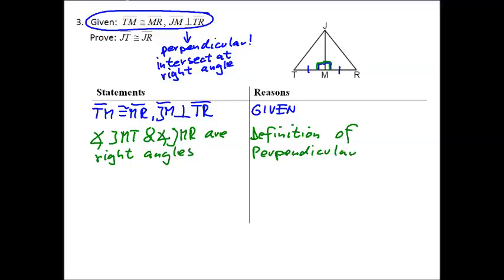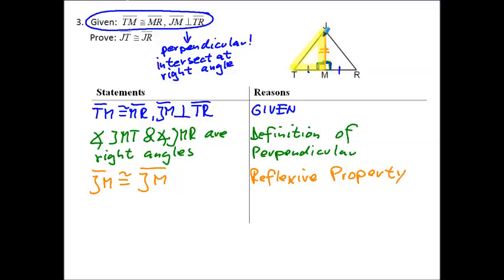Alright, let's keep looking. What else can we say? And again, we have a side, in this case JM, which is the side that's part of both triangles, and that side is of course congruent to itself. JM is congruent to JM, and this is because of the reflexive property. So let's take a look again at what we have determined.